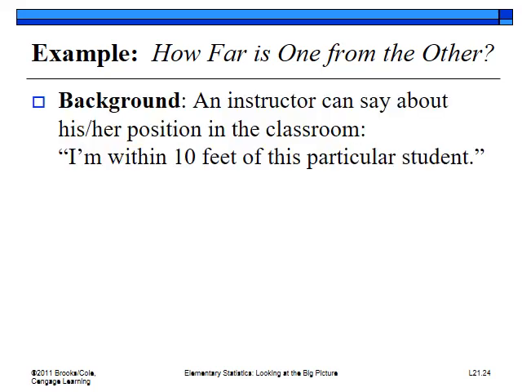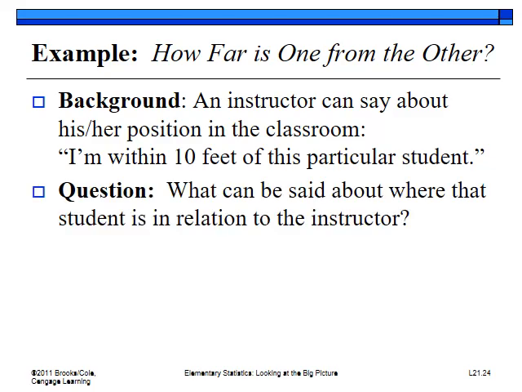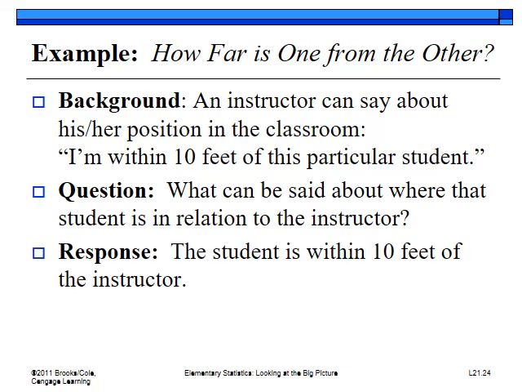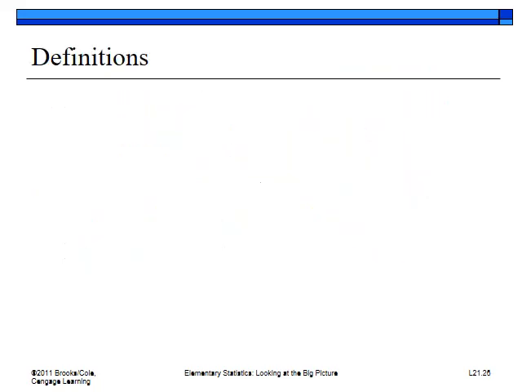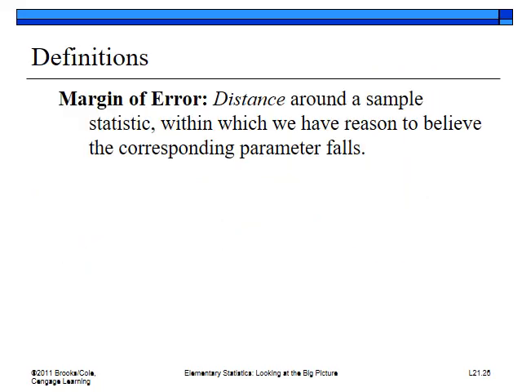So, here's another example. An instructor might say, I'm within 10 feet of a particular student. What can you say about where that student is in relation to the instructor? Doesn't it make sense that that student is also within 10 feet of the instructor? That brings us to margin of error.